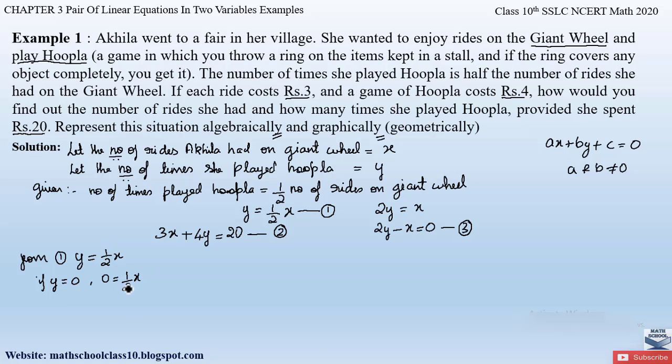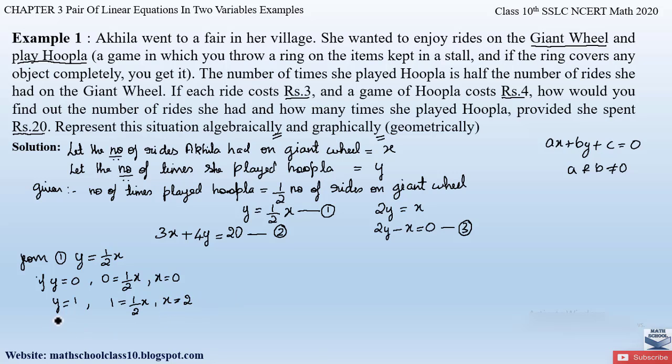Now if this 2 goes to the other hand side, 2 into 0 becomes 0. So we get x is equal to 0, right? Similarly, if we put y is equal to 1, then 1 is equal to half into x, sending this 2 to the right hand side, we get x is equal to 2.